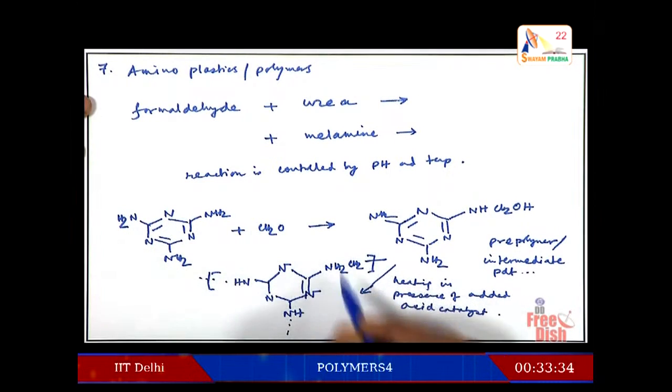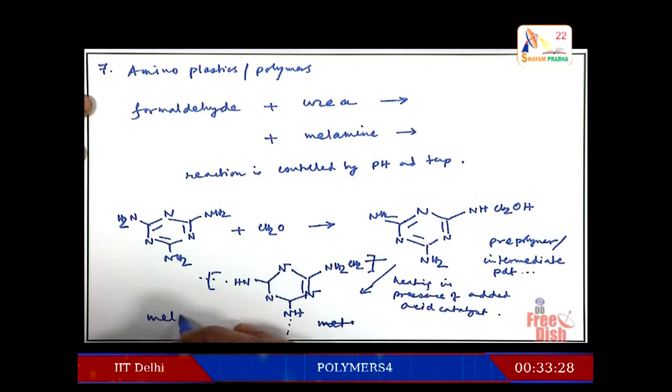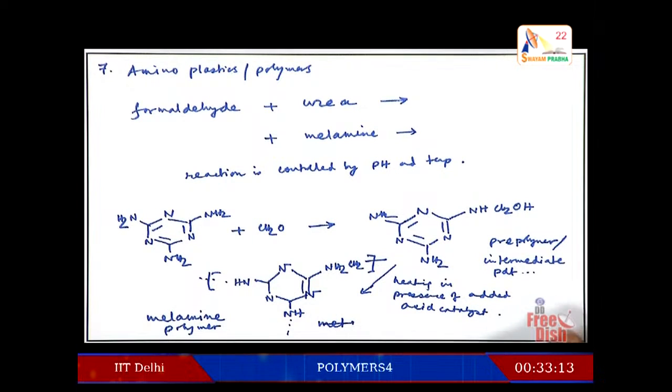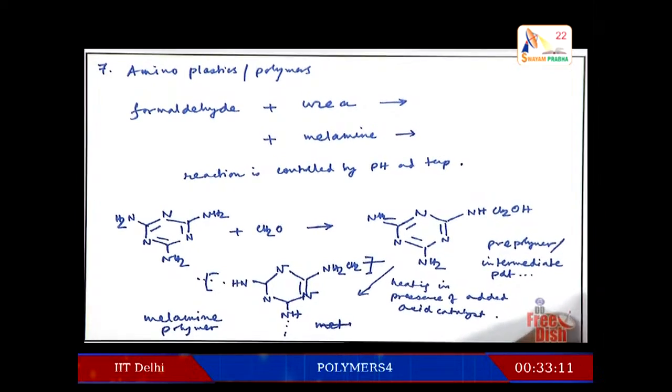So, that is a repeating unit. So, this is a melamine formaldehyde polymer, or in short melamine polymer, which basically is used in preparation of the coating of the utensils, which we commonly use.